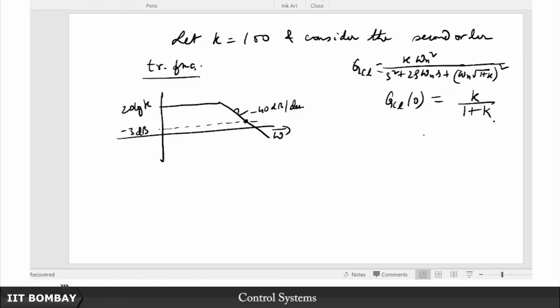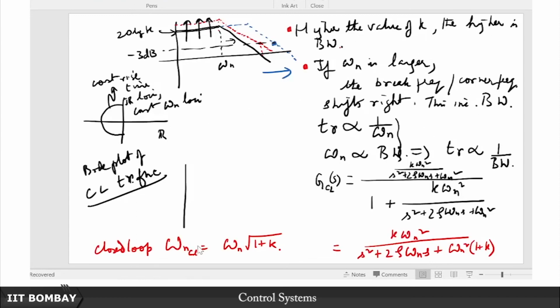For very large k, let us say about 100, this GCL 0 is 100 by 101, which you can approximate as almost equal to 1. So the low frequency asymptote: the point is that omega n closed loop had increased, so we had hopes that by increasing k, the closed loop bandwidth would have increased, because omega n shifts to the right.